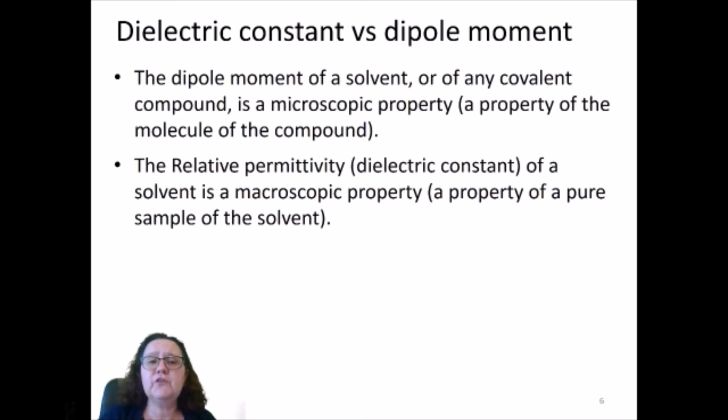It's a property of the molecule, and it's based on the separation of charges, the electronegativity of the atoms that are involved in the bonds, that produces a polarity of the bond, and therefore potentially a polarity of the whole molecule. The dielectric constant is a macroscopic property. It's a property of the solvent, or a pure sample of that compound. So dipole moment is a microscopic property. Relative permittivity, dielectric constant, is a macroscopic property. It's the substance as a whole.